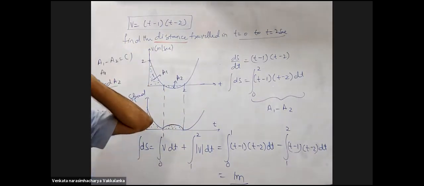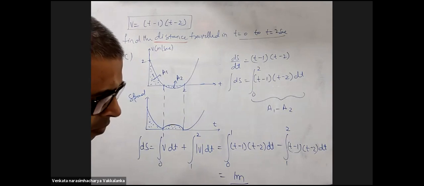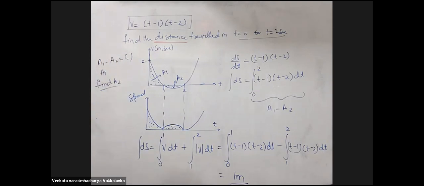Sir, I did this by taking the time points given, that t is equal to 0 and t is equal to 2. So I substituted the values of time in the equation, V is equal to (t minus 1)(t minus 2).